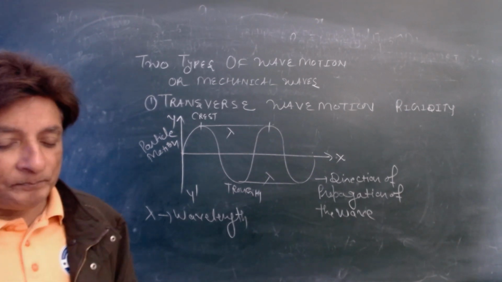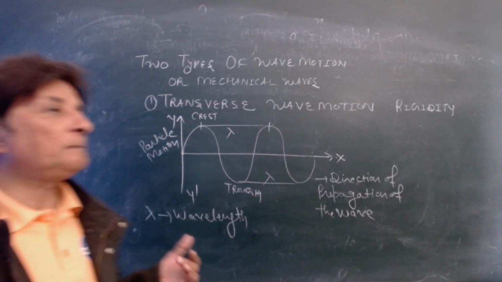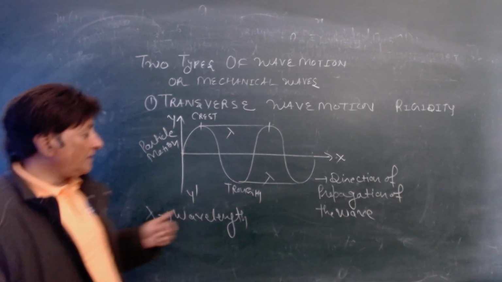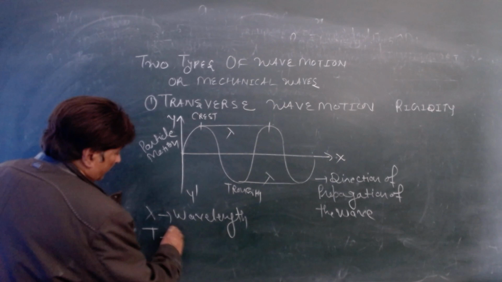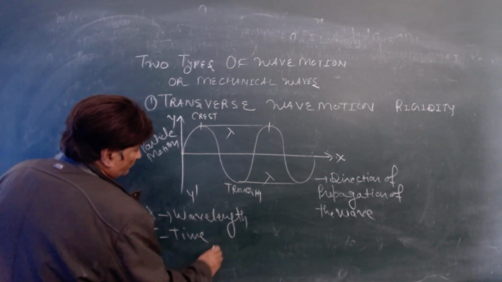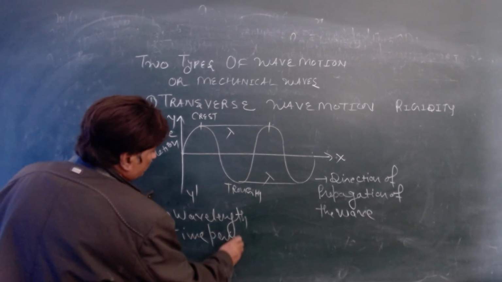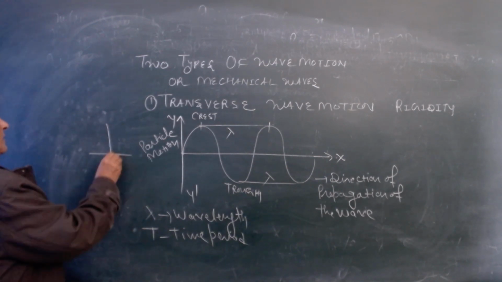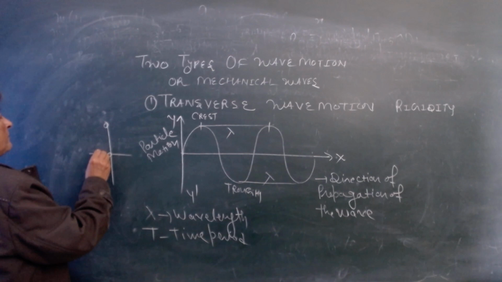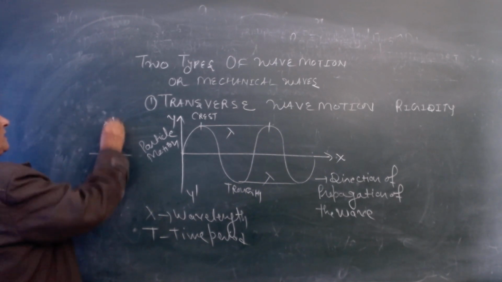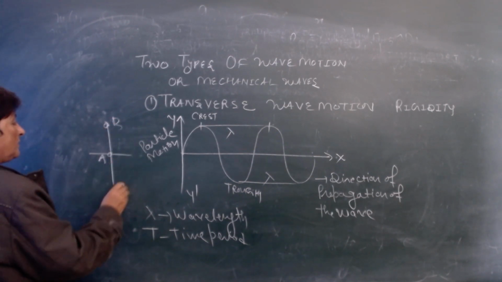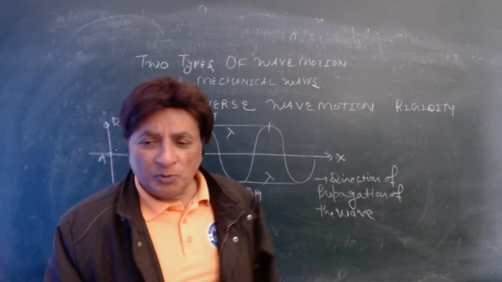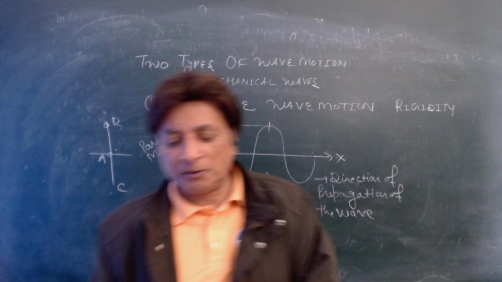What is the time period? It is the time taken to complete one vibration. It means the particle moves from, say, A to B, then B to A, then A to C, then C to A. This is called one vibration, as you see in a pendulum.